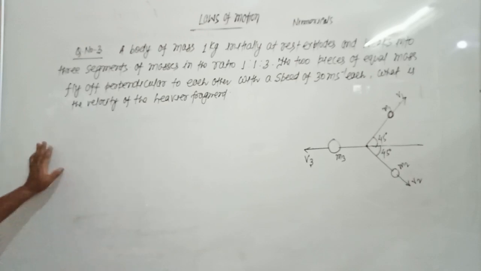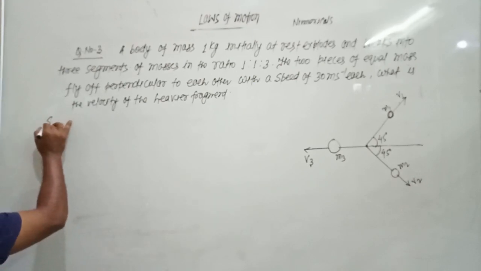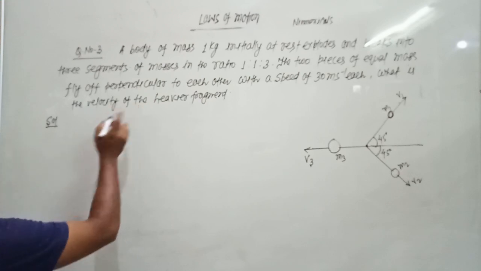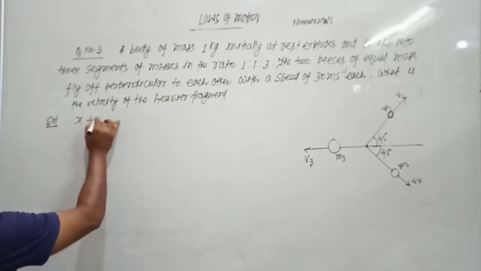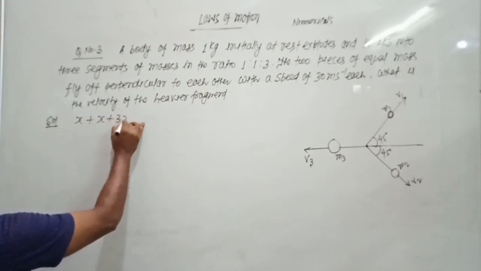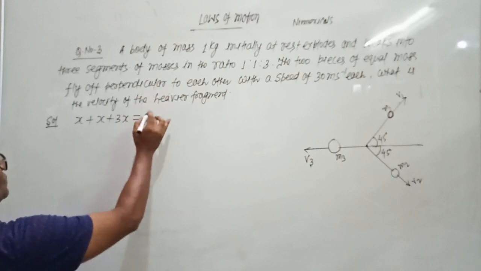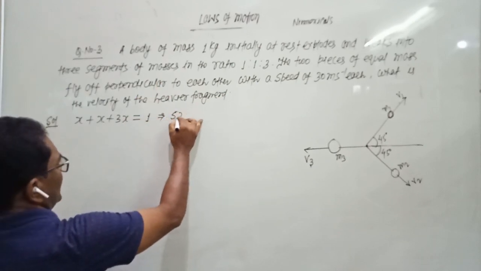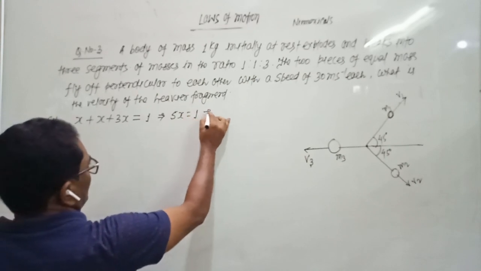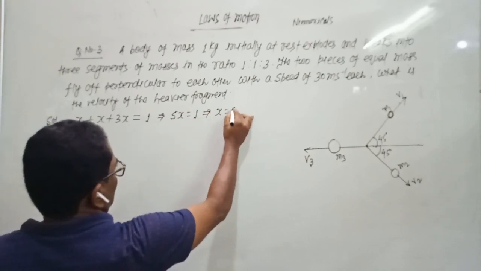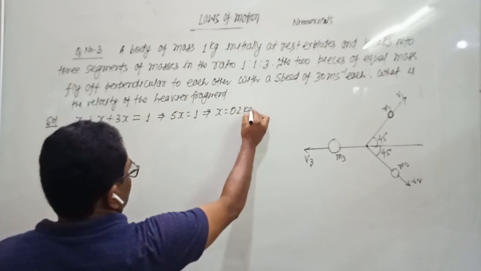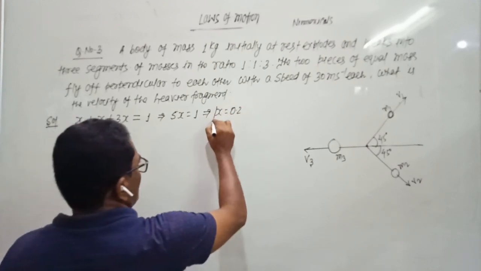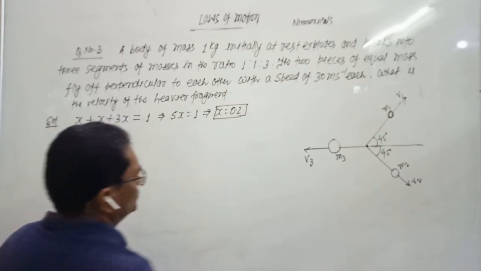Firstly we calculate the mass of each fragment. It is given in the ratio, so x plus x plus 3x equals 1 kg. This implies 5x equals 1 and x equals 0.2 kg.